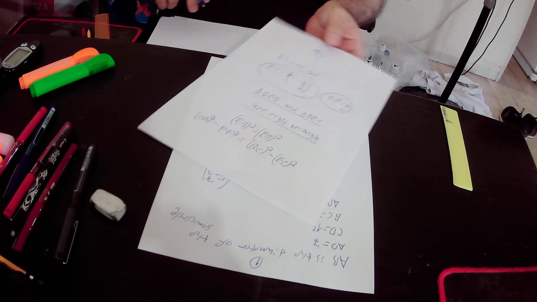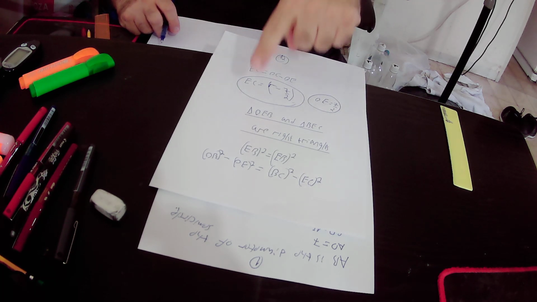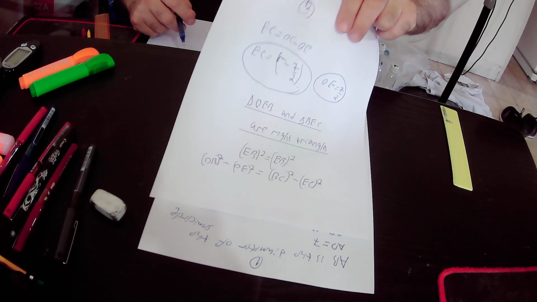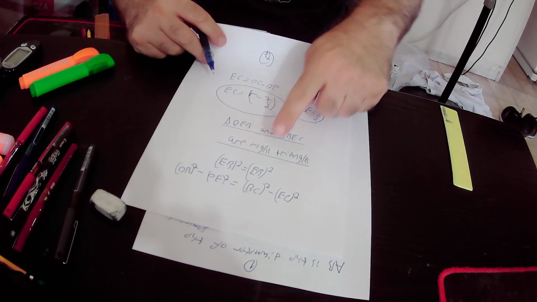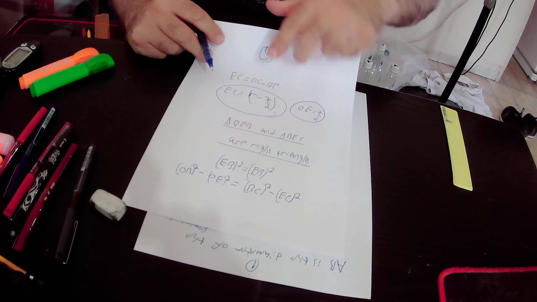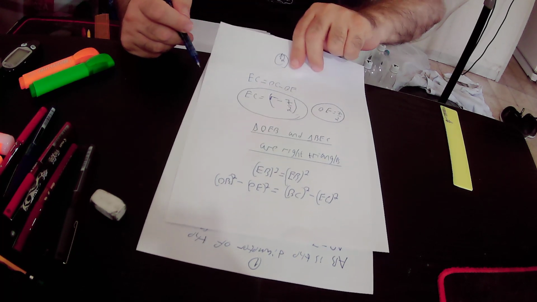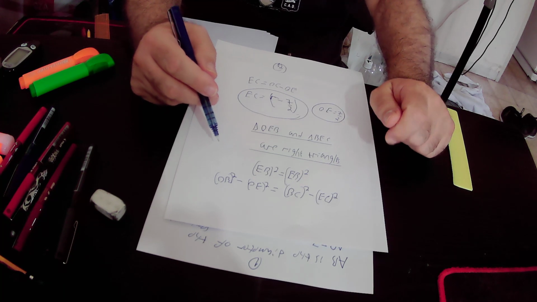So EB square equals EB square. On one side of the equality, EB relates to the right triangle OEB, and on the other side, EB square relates to the right triangle BEC. So in total we got this equality.